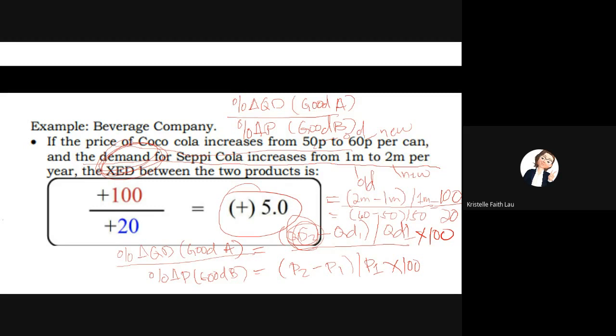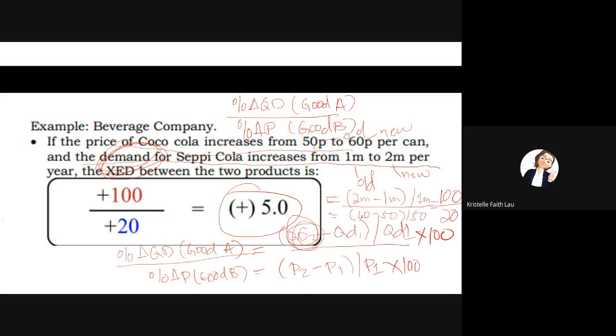So, the positive sign means that the two goods are substitutes, and because the coefficient is greater than 1, they are regarded as close substitutes. Bigger than 1 man jud ang coefficient nato, 5 man ang output sa calculation. So, close substitute sila sa each other. Same cola product po sila.